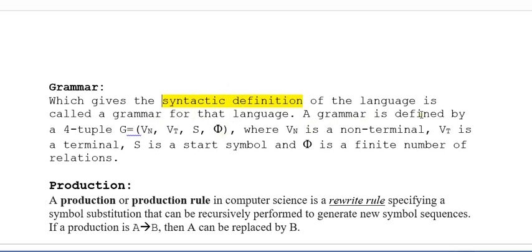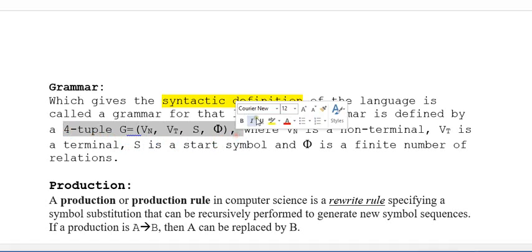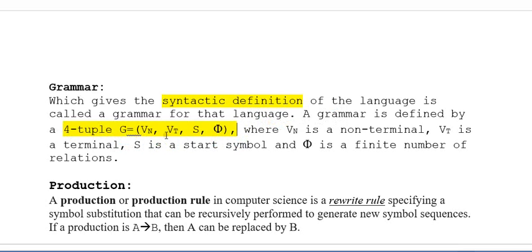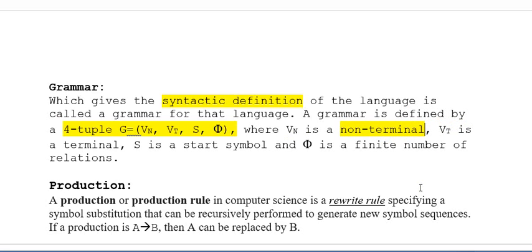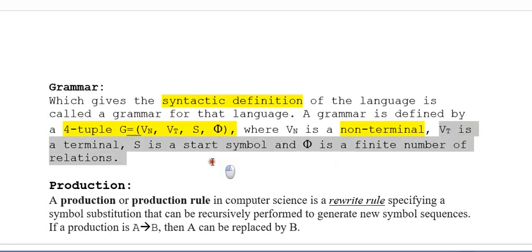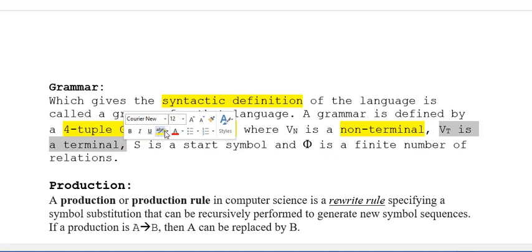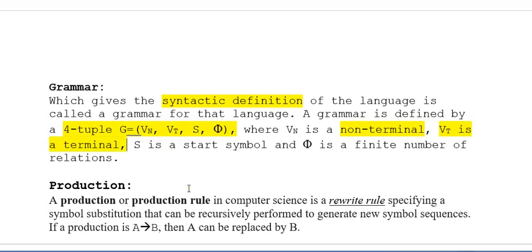A grammar is defined by four tuples: Vn, Vt, S and phi. Here Vn means the non-terminals, which are not the last symbols, because terminal means the last symbol and non-terminal means not the last symbols. Vt is the terminal symbols, which are the last symbols.